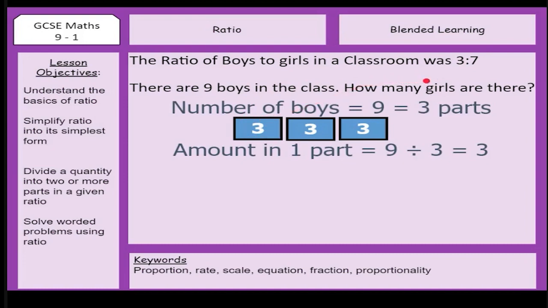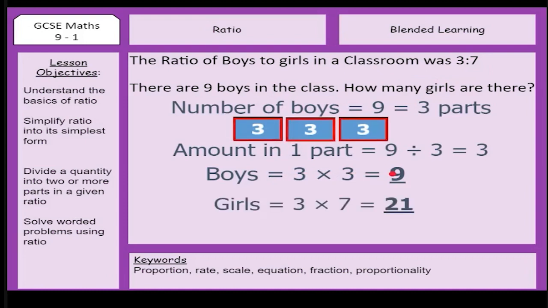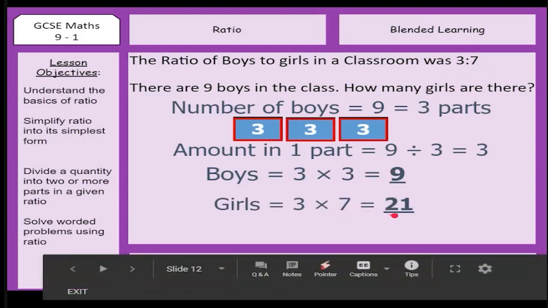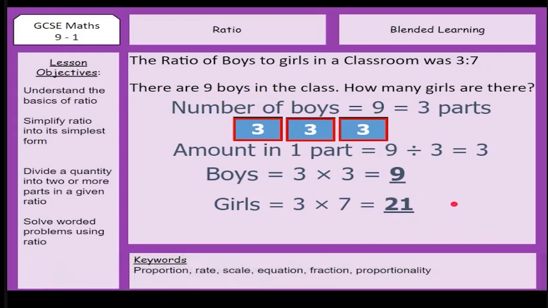So if 1 part is 3, I've got 7 parts for the girls here. So what I'm doing is I'm doing 3 multiplied by 7. 3 multiplied by 7 is 21. So there are 21 girls.